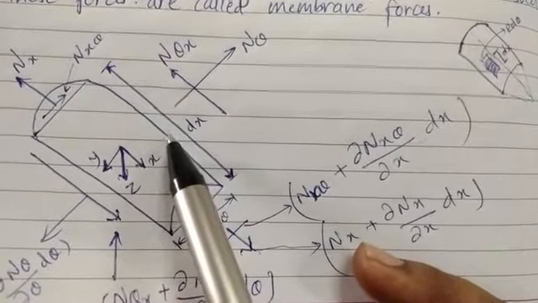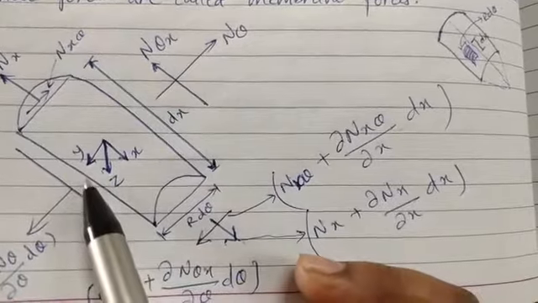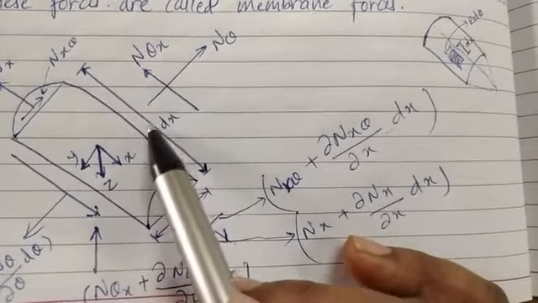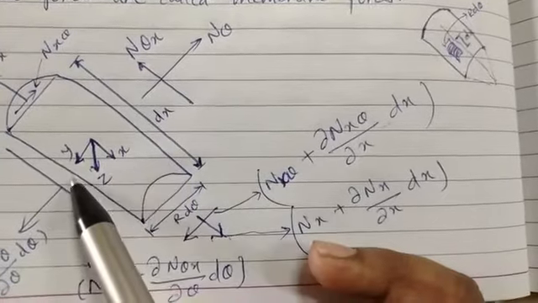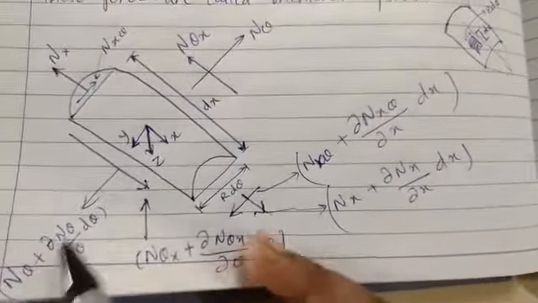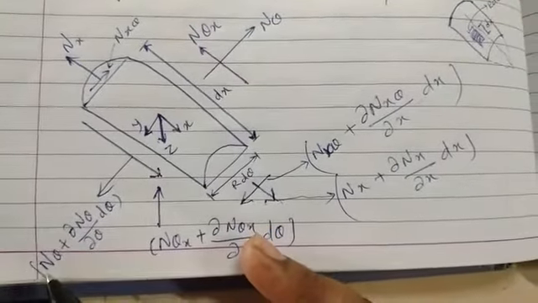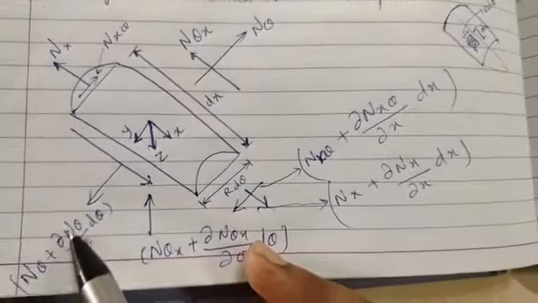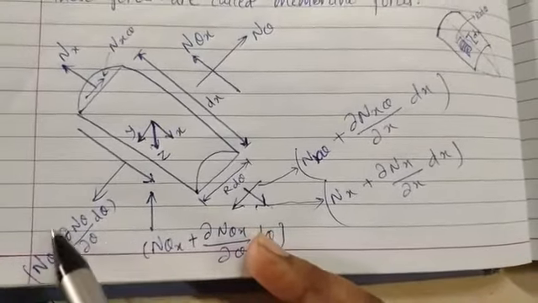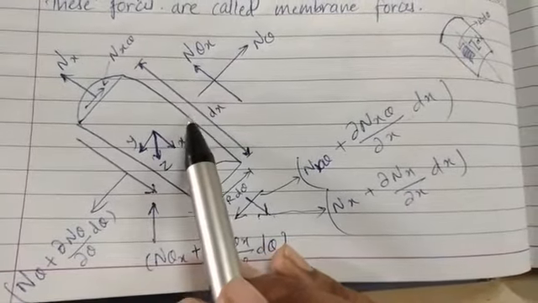We'll assume that from this point to this point there is some change in force. So here we have taken n theta, and here n theta plus dou n theta by dou theta into d theta. This is the small change in force due to the change in position.